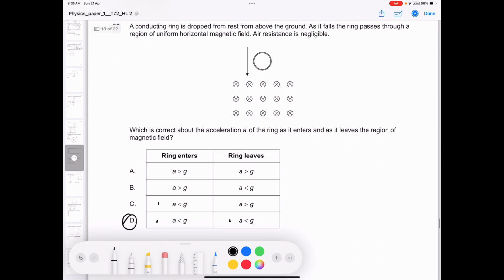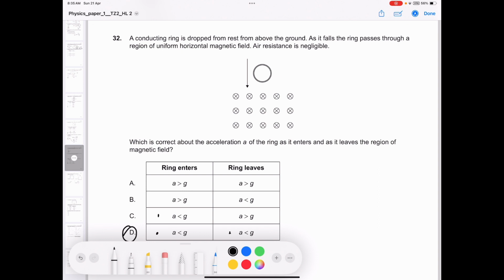Number 32. This is a Faraday's law, Lenz's law question. So you have this conducting ring and it's dropped from rest from above the ground and it falls through this uniform horizontal magnetic field, and you have to compare the acceleration going in and out. So when the ring enters the field, according to Faraday's law, it must have an induced magnetic field, and according to Lenz's law, this field must act in a direction that opposes the magnetic field causing it.